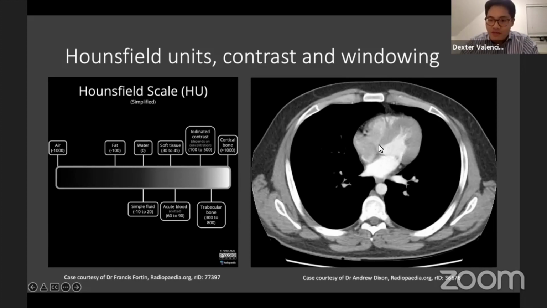This very thick layer here is the left ventricular muscle, and if we were to measure this, it would be soft tissue, so 30 or 45. If this is the left ventricle, posteriorly we have the left atrium. We have the right atrium in front of it, more anterior, and even more anterior, next to the left ventricle, is the right ventricle here.